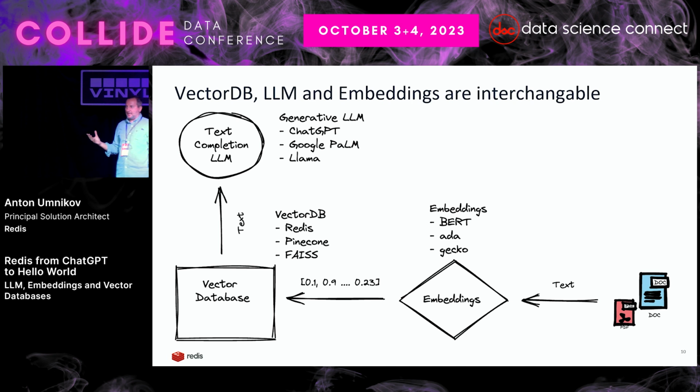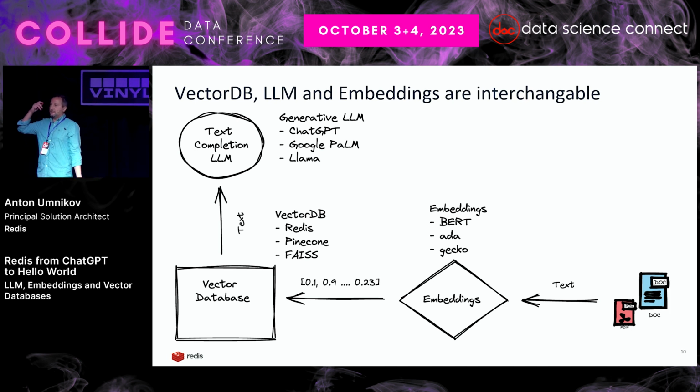If you put that all together, again, you have three components here: embeddings, vector database, and large language model. We're not focusing on the large language model, we're focusing on the two other things today. Right, embeddings. You can choose embeddings that are out there.